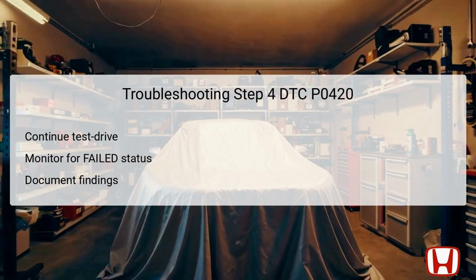Should the screen display passed, it may indicate intermittent failure or acceptable operation for the time being. If the status shows executing, ongoing monitoring should be maintained for a result, while an out-of-condition status would call for a return to earlier troubleshooting steps.